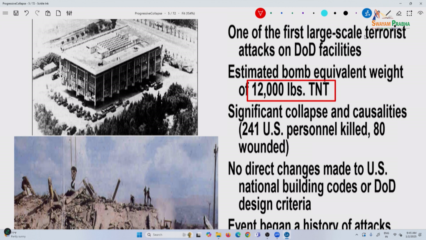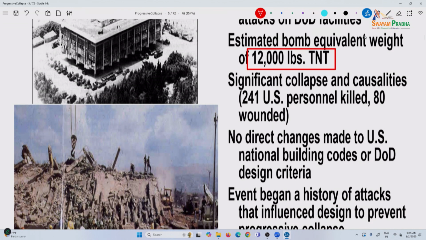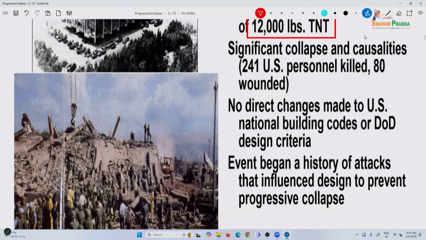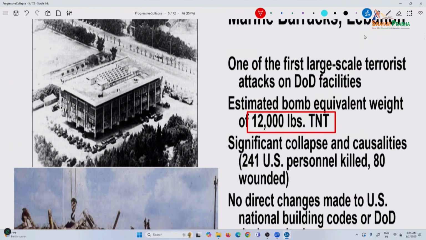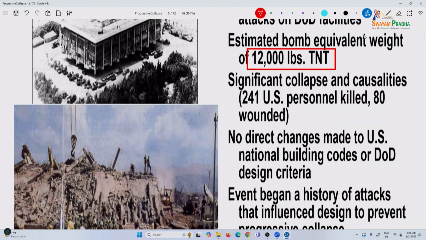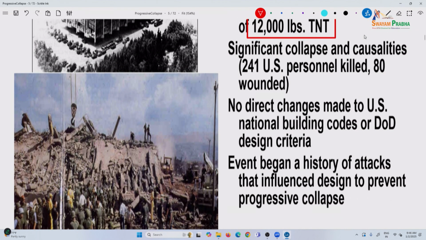That's almost 5,000 kilograms of TNT. There were no changes made, but you see the entire collapse. It's a nice beautiful building that was not designed for progressive collapse, nothing but rubble at the end of it.